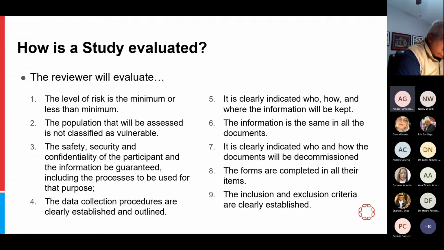That's not a clear inclusion criteria. But it happens that that will be your inclusion criteria. When you're doing your exclusion criteria, make sure you establish that clearly. Okay.